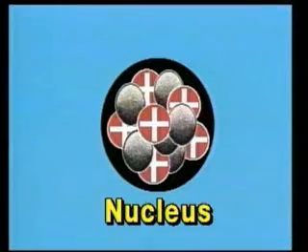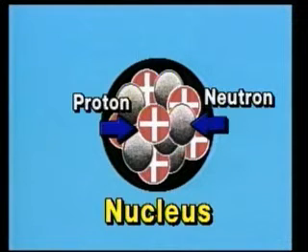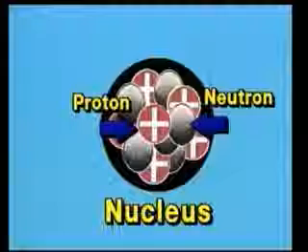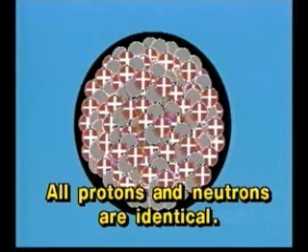In turn, an atom's very tiny nucleus contains two major particles, a proton and a neutron. Protons are positively charged particles located in the nucleus, while neutrons are electrically neutral. All protons are identical, and all neutrons are identical.